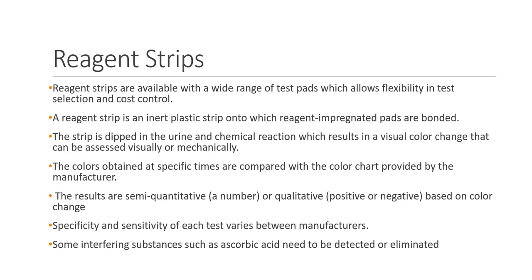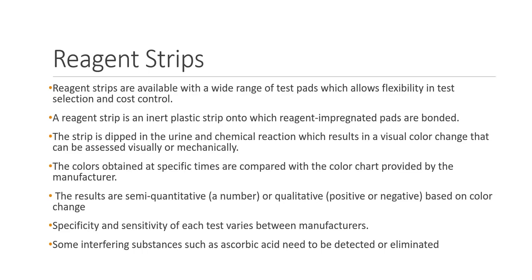The specificity and sensitivity of each test varies between manufacturers, and I'm going to be mentioning this over and over, the difference between specificity and sensitivity. Specificity is the ability to react with the substance we're looking for, that there's no cross-reaction, that it doesn't react with other substances that are present. Sensitivity is the ability to measure a clinically significant amount.